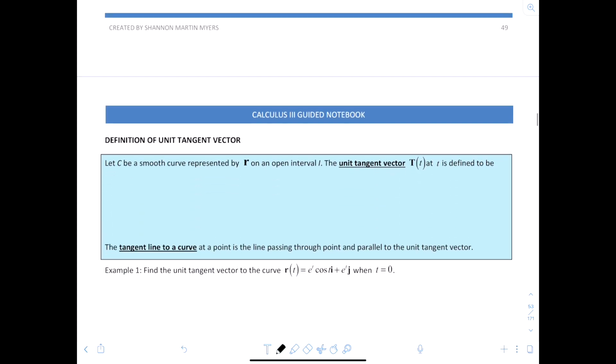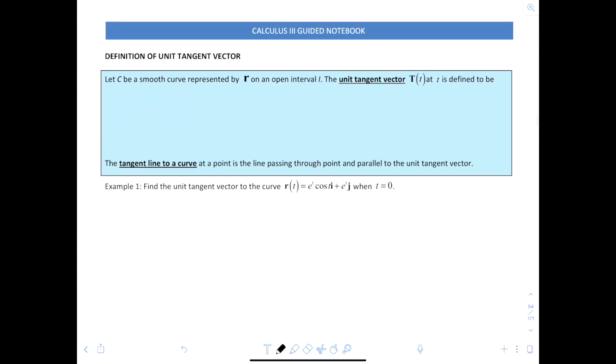Next up we have our regular stuff. So let's take a look at the definition of a unit tangent vector.